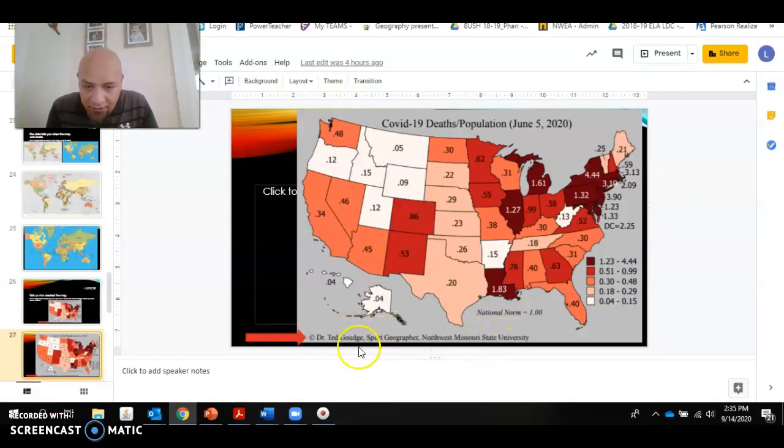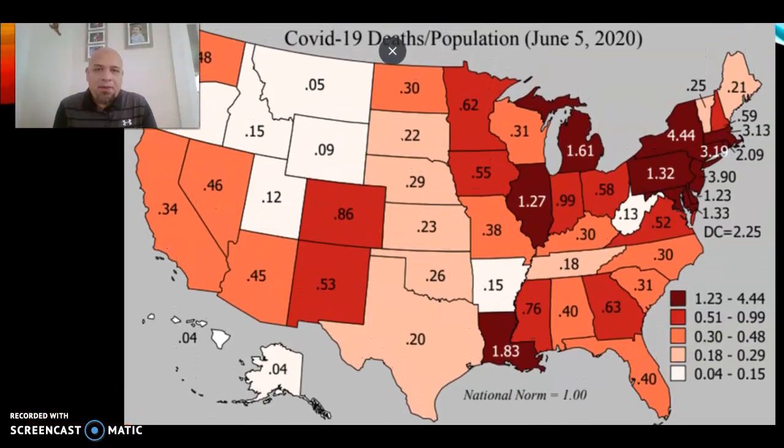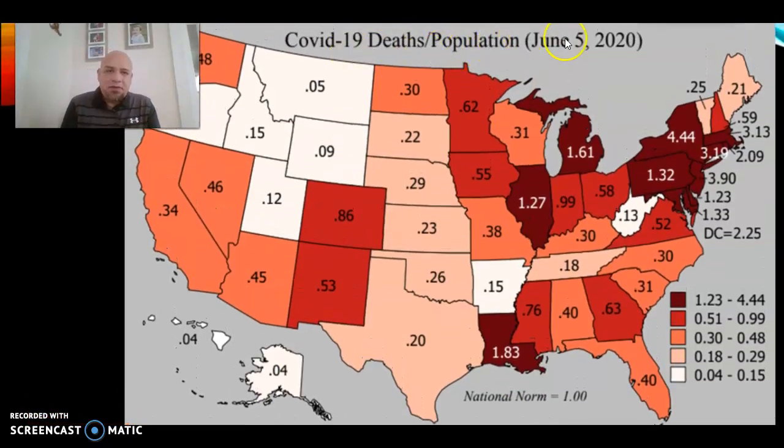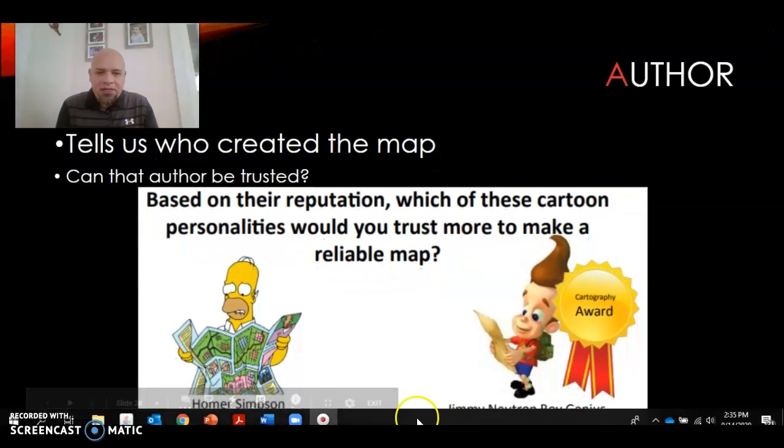It's a guy named Professor Ted Gage, I believe. It's a map about COVID-19 deaths. So let's say you wanted to know more about COVID-19 deaths, you would look to see who made this map, and you might be able to look for other things he's done, right?